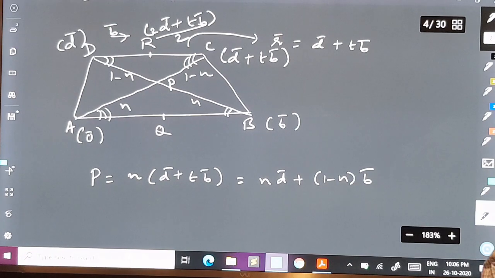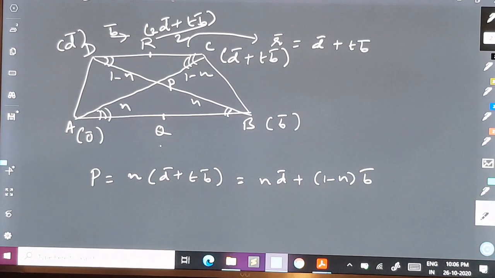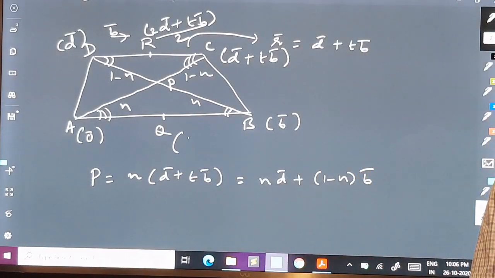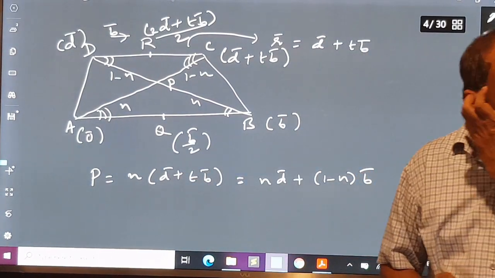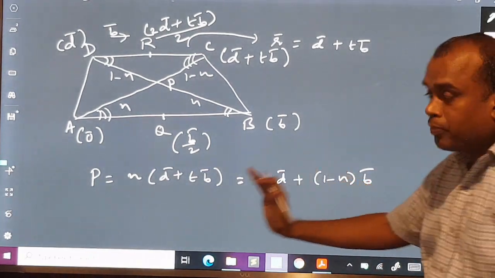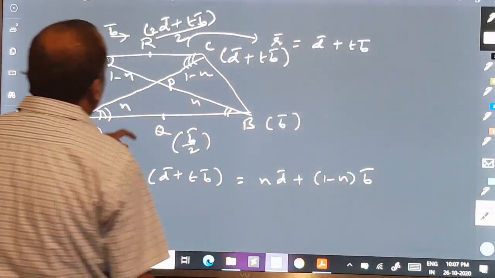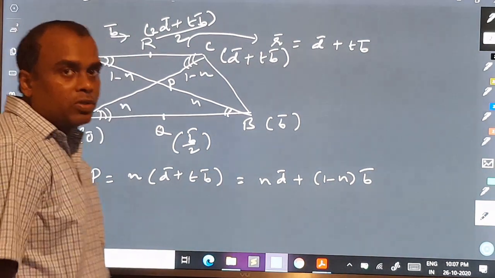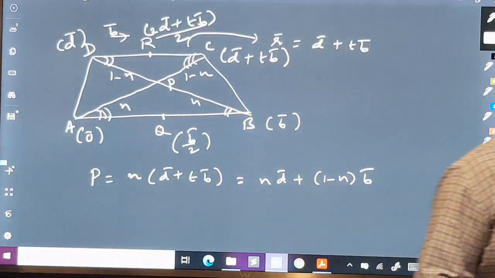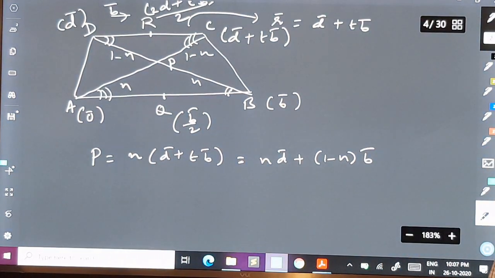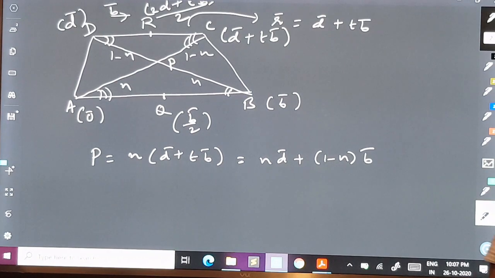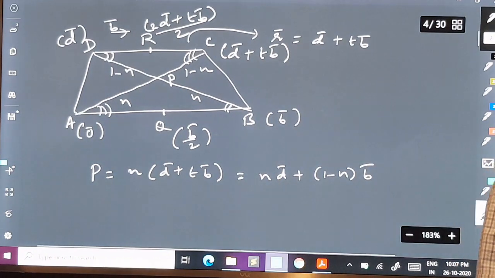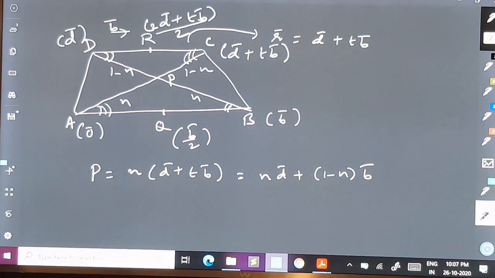And similarly, Q being the midpoint of AB, it is nothing but B bar by 2. Now, for fun, let us see the point that divides the line segment joining QR in the ratio n is to 1 minus n.